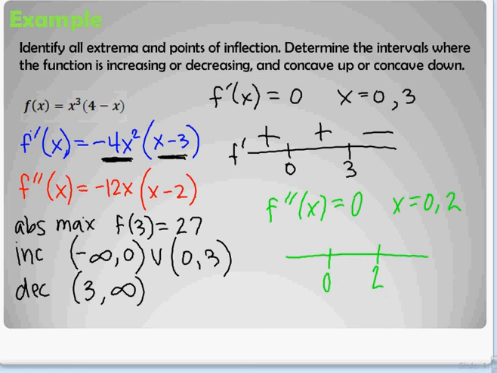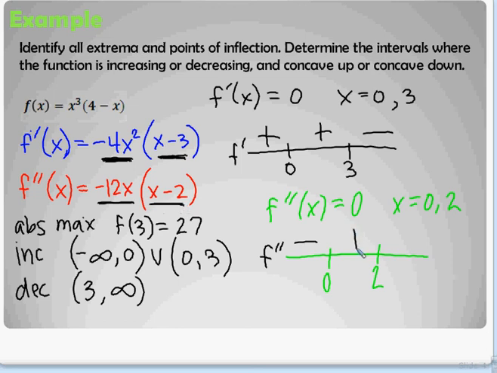So we're going to say, I'm running out of room here. Let me just erase this piece up on the top. So we would have a point of inflection at f of 0. When I put 0 back in, I get 0. And then also at f of 2, when I put 2 in, I believe I get 16.